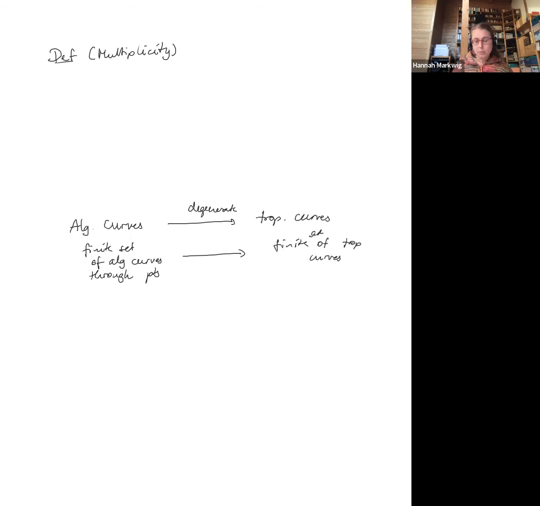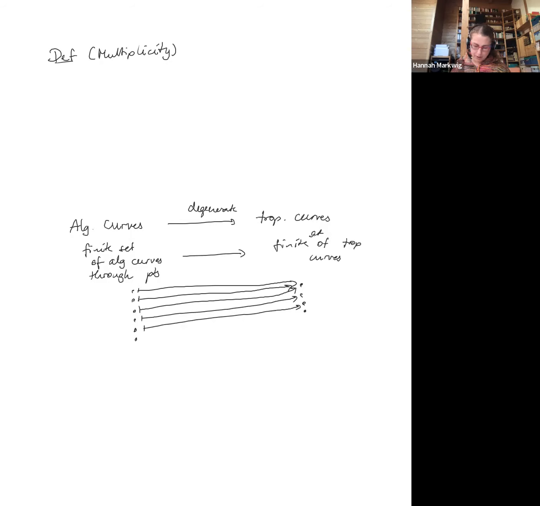It sends possibly multiple algebraic curves to just one tropical curve. So let me just sketch something. Here's my finite set of algebraic curves. Here's my finite set of tropical curves. And possibly multiple algebraic curves go to one and the same tropical curve. Like in my sketch now, I have to count the first one with multiplicity 3 and the others with multiplicity 1 in order to reflect the count in the algebraic world. So this is why we have to count with multiplicity.